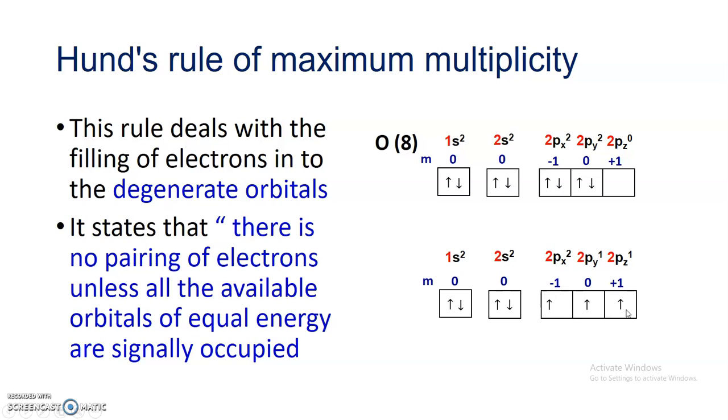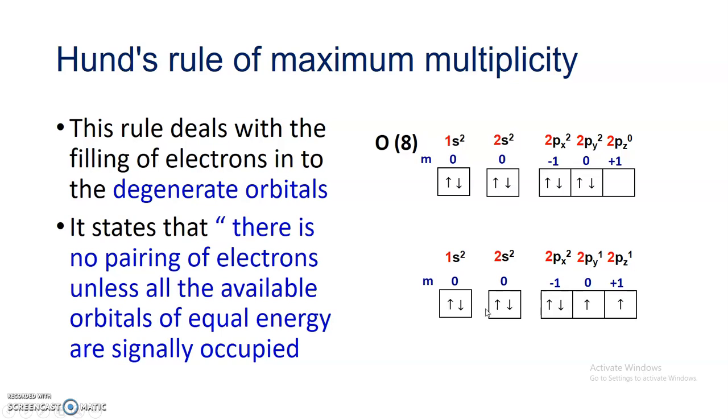They have opposite spin. Now the fifth electron, sixth electron, seventh electron. You can see here, now each of the 3 degenerate p orbitals is singly occupied. So this is the 7th electron. Now after singly filling the p orbitals, the next electron pairs with the other electron.